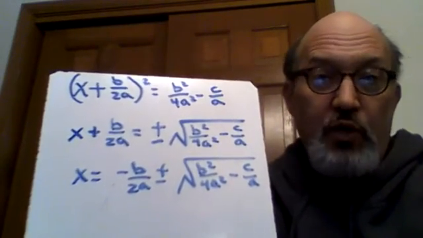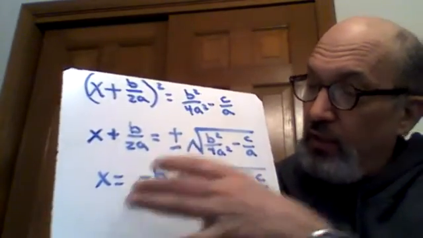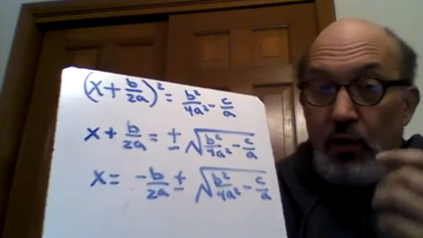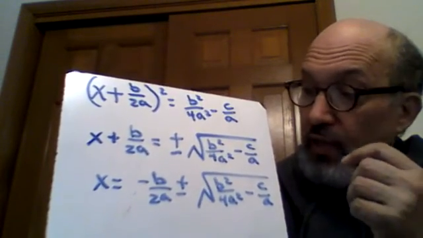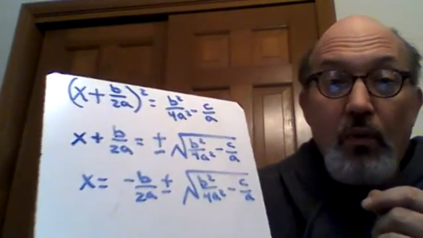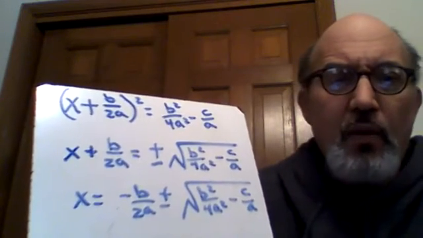It is a quadratic formula that works because this is equivalent to the quadratic formula that we all know and love. In order to get to the quadratic formula that we know, we have to be able to simplify this root.